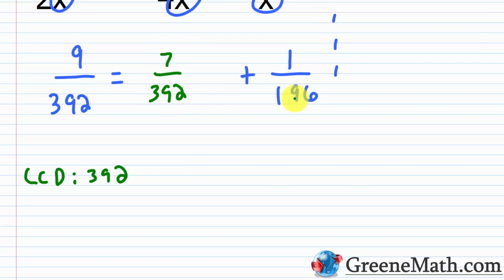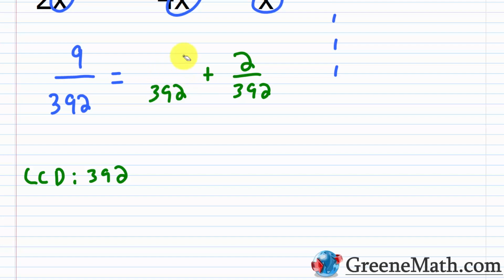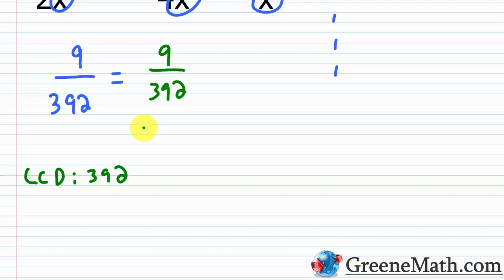Then for this one right here, I'd need to multiply it by 2 over 2, and I would end up with 2 over 392. So 7 plus 2 is 9 over 392, which is exactly what I'm looking for. So I end up with 9 over 392 on each side of my equation.